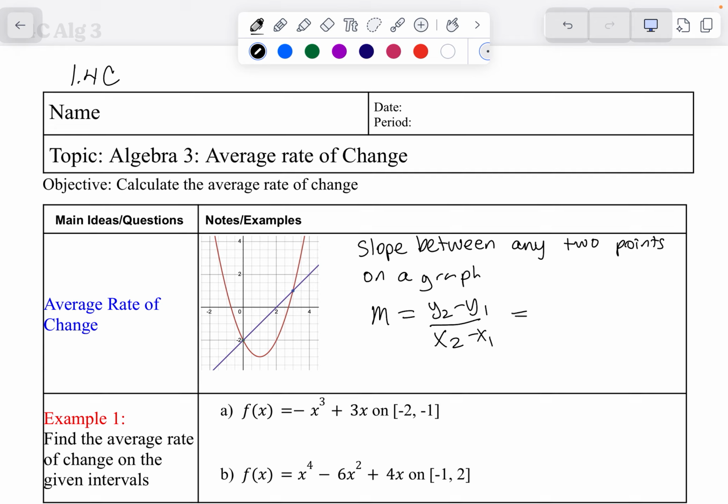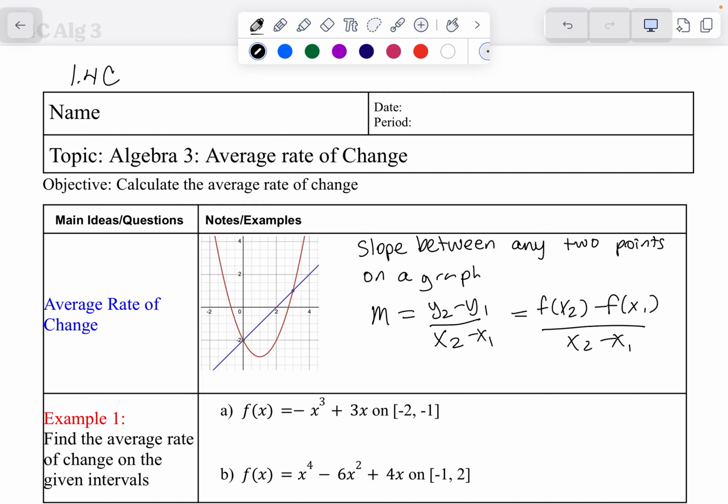So it's usually f of x sub 2 minus f of x sub 1 over x2 minus x1. So it's just a slope formula. The thing that gets confusing is your graph is not linear, so you think, well, what slope? In that context, it is the slope of the line that connects the points.